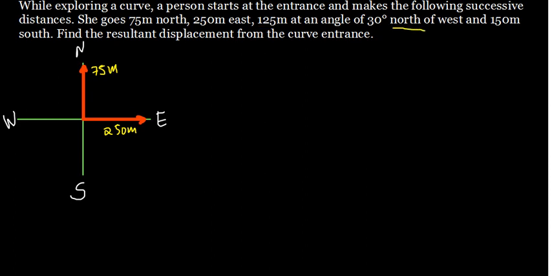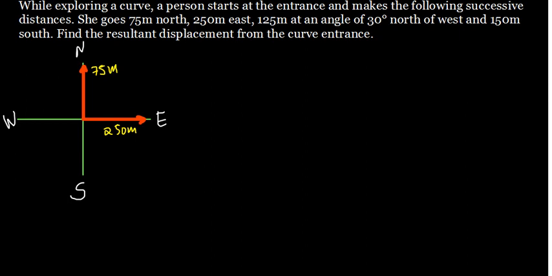Okay, north of west. Now those who attended the first class, if we say north of west, where are we starting from? Are we starting from the north or starting from the west? From the west. Okay, north of west meaning we are coming from the west towards the north. So the angle that we are talking about is going to be in which quadrant?